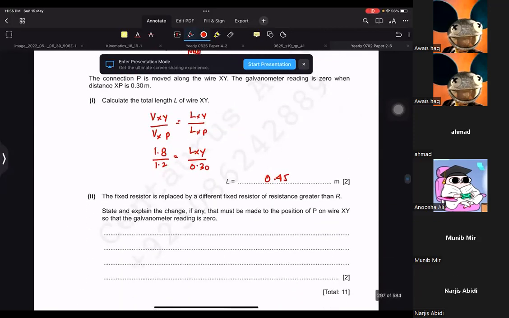Okay. The fixed resistor is replaced by a different fixed resistor with resistance greater than R. State and explain the change, if any, that must be made to the position P on XY so the galvanometer reads the same reading.